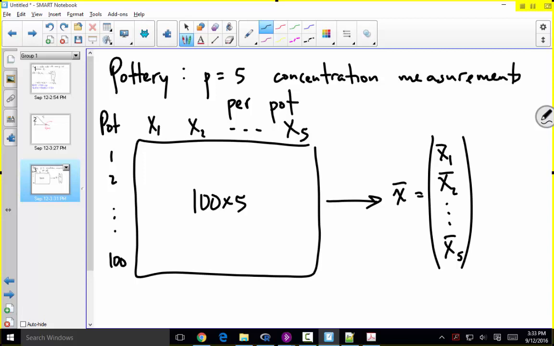So when we do have just the 100 pots and one sample average vector, X bar, that's a bona fide estimate of mu. It's a representative estimate of mu, but we know it's not mu, and we know it's subject to variability, because every time you do this, you're going to get slightly different mean vectors.